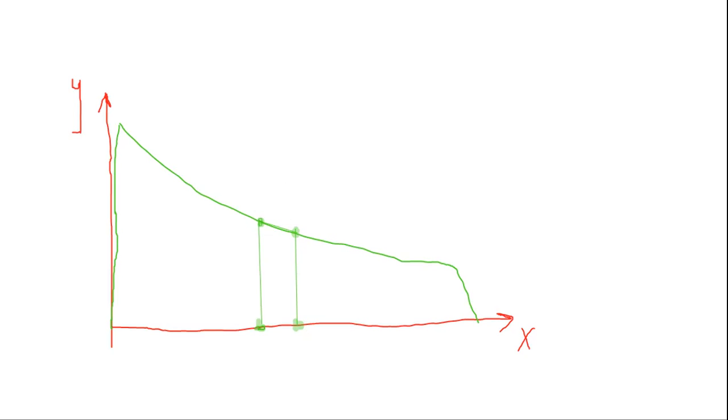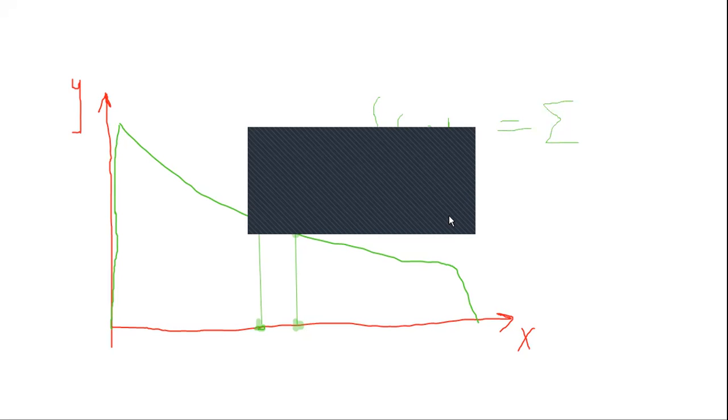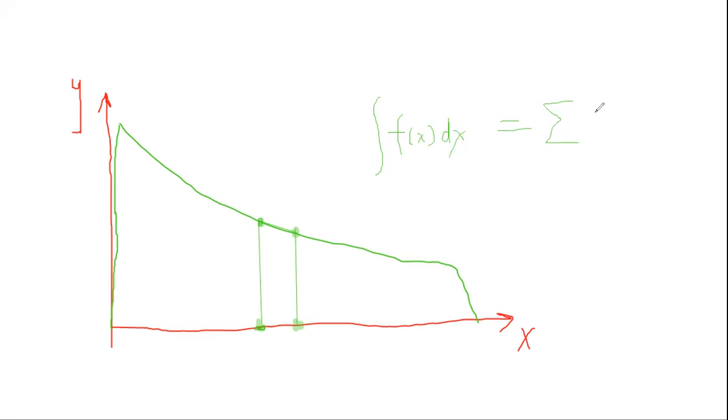So really we could replace integral by sum. So we just need to divide our curve to trapezoidal segment, calculate area for each segment, and sum it together, and we obtain integral.